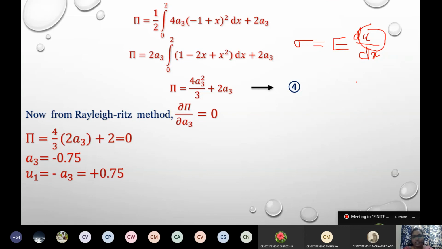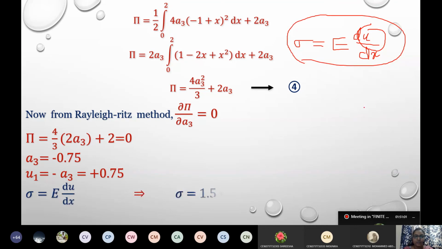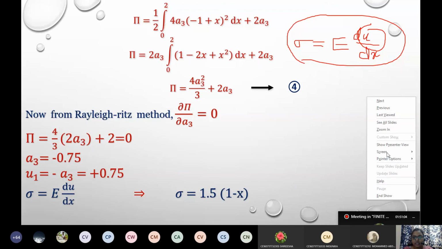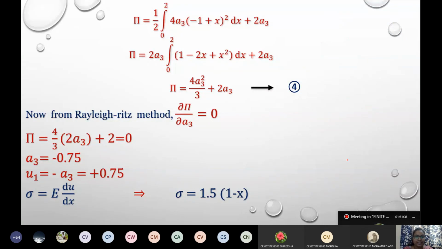A1 is equal to 0, A2 is minus 2A3, A3 is minus 0.75, so A2 will become minus 1.5. Substituting that in the equation and solving, we get the relation between stress and strain as sigma is equal to 1.5 into 1 minus x.